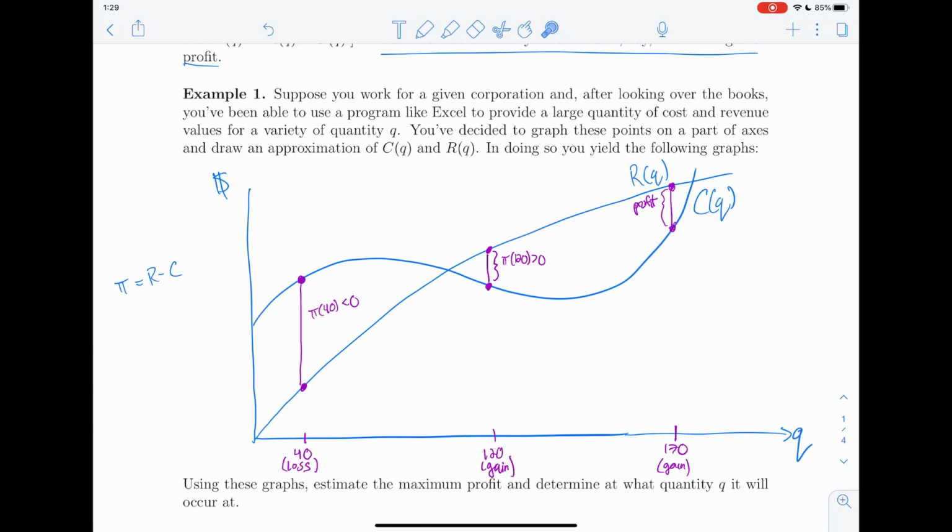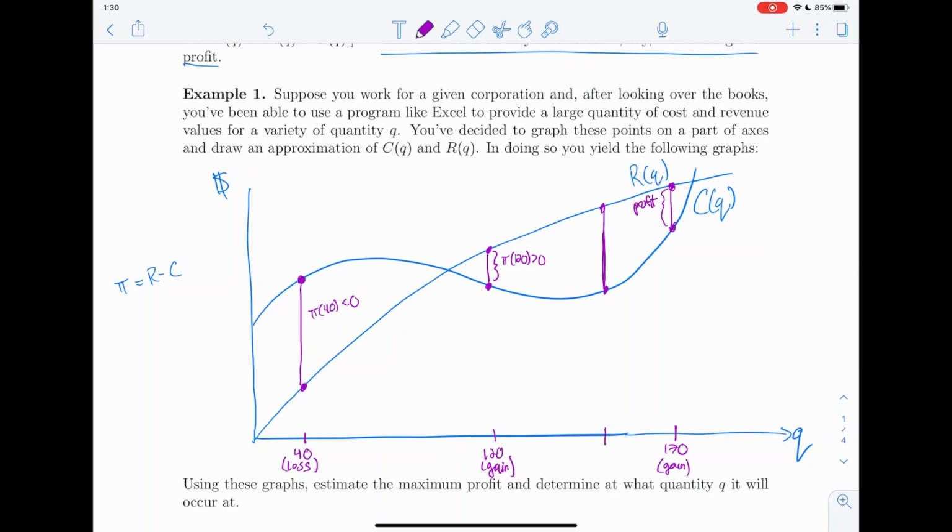So we can sort of see by this argument that if we wanted to maximize profit, we need to find the magic point where the distance between the revenue function and the cost function is largest, which looks to me like it'll be somewhere around the middle here. So probably it's going to be somewhere around, I would say, right here. There's that revenue, there's that cost. It would probably be right there.